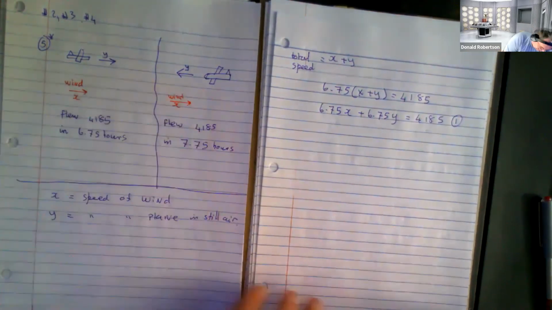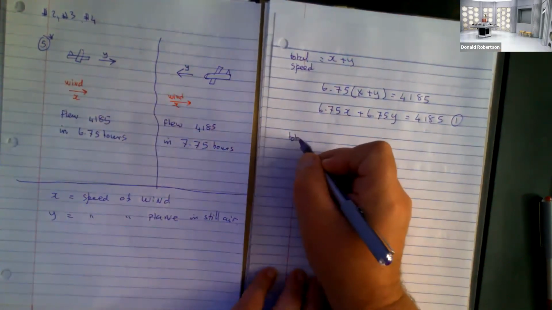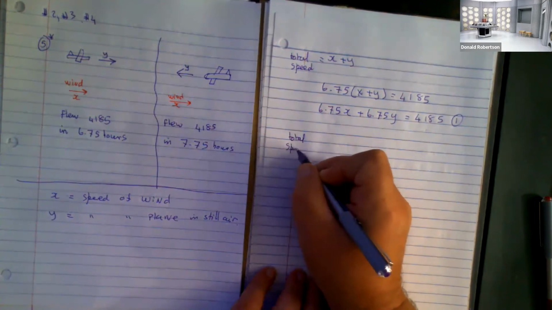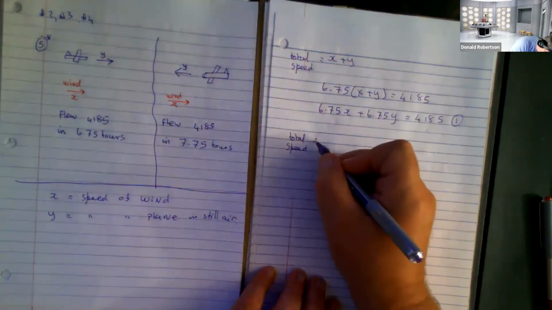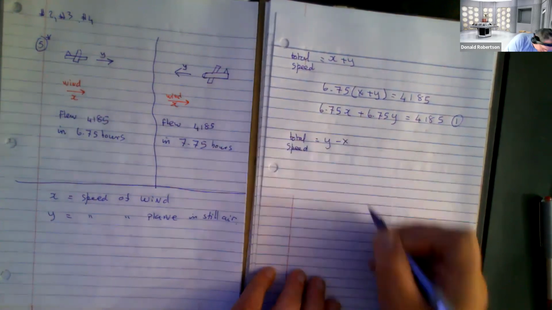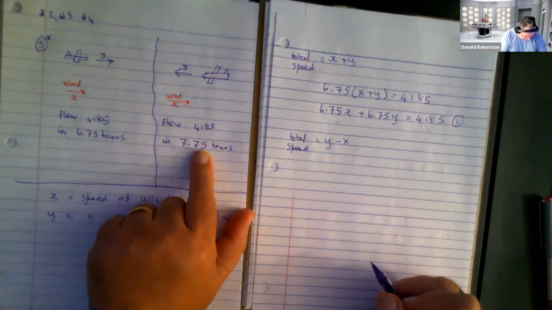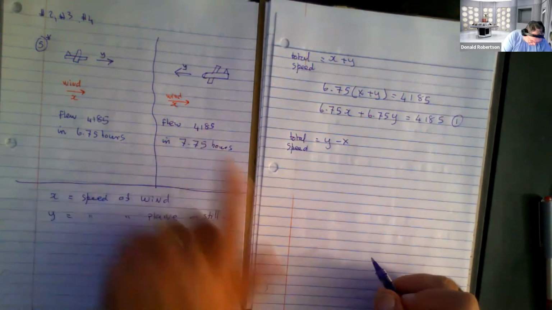Now on the way back, your total speed, well, let's see what it would be. Y take away X again. And you're going to fly for that number of hours, and this is the distance you'd cover.